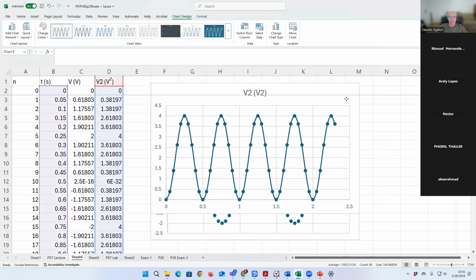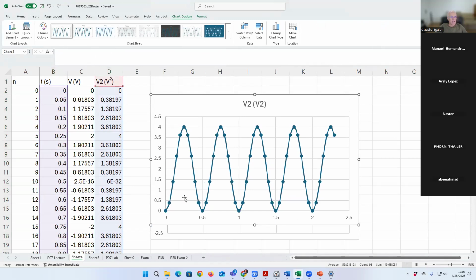So now you can see that it never becomes negative, because you're squaring any negative numbers. And then what's the next step? The next step is to take the average of this function that you see right here.